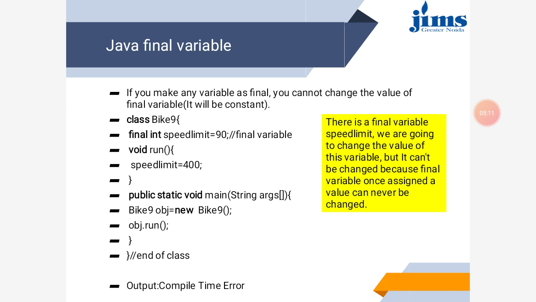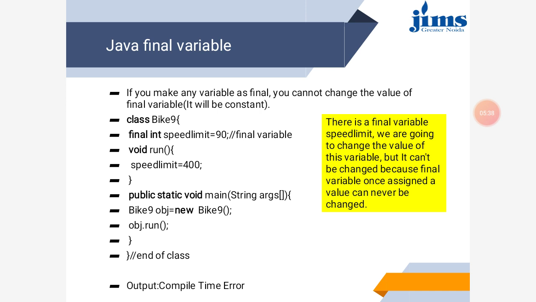You are using the main method. In the main method you are creating one object, and once you call the run method with the help of the created object, it gives a compile time error. Why are you getting a compile time error? Because once you have declared any variable as a final variable, you are not able to change the instance variable value.